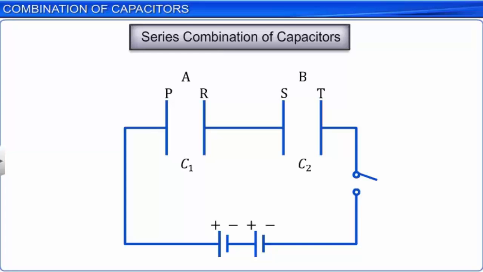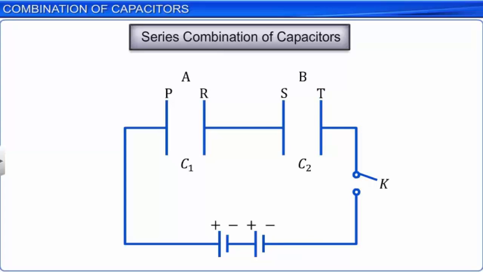The plate P of A is connected to the positive terminal of a battery, and the plate R of A is connected to the plate S of capacitor B. The plate T of B is connected to the negative terminal of the battery through a key K.